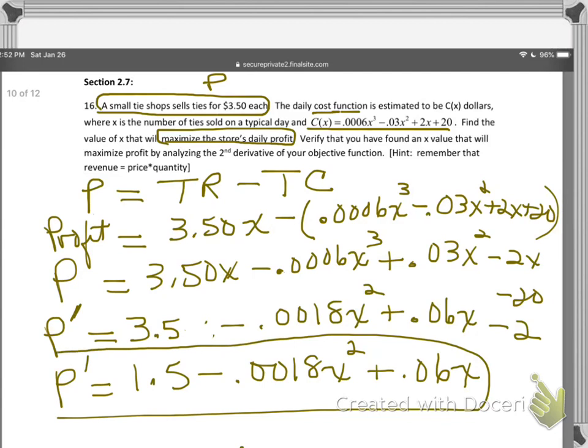I might as well go ahead and take the second derivative now because they told me I'm going to do a second derivative test. So P double prime equals negative 0.0036x plus 0.06. All right, so I have everything I need, and we'll work with these two equations on the next page.